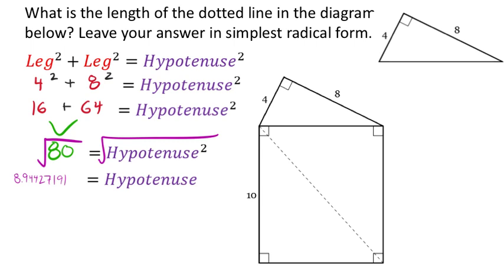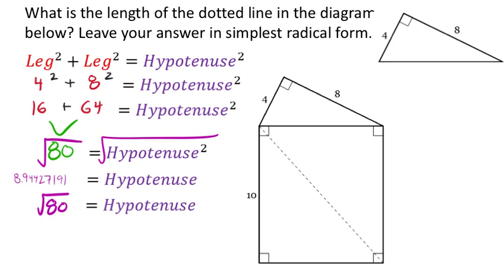Well, let's see. So another way to do this, especially since we're not looking for the answer right now, is instead of writing this decimal, I'm going to write it simply as the square root of 80. Now that isn't fully simplified, but we're going to see if it needs to be simplified. So we're not going to worry about the simplification process right now.